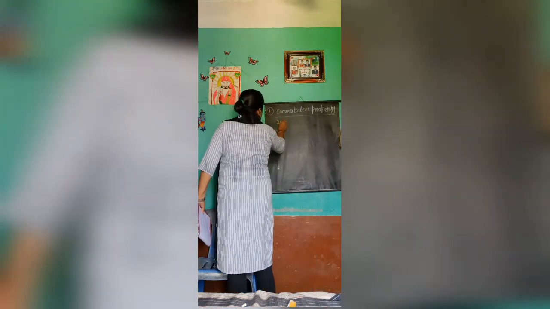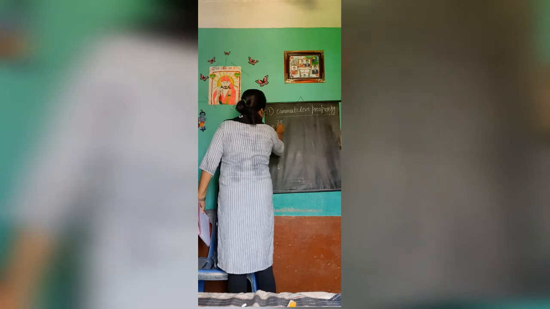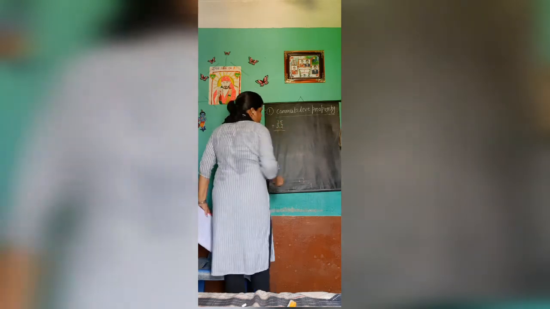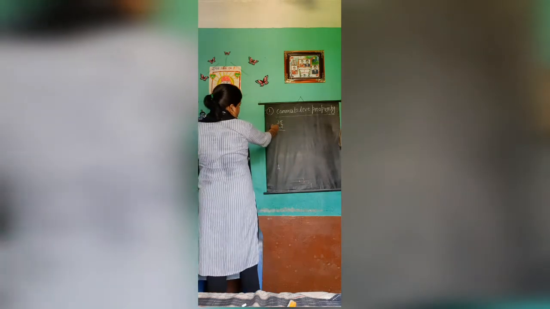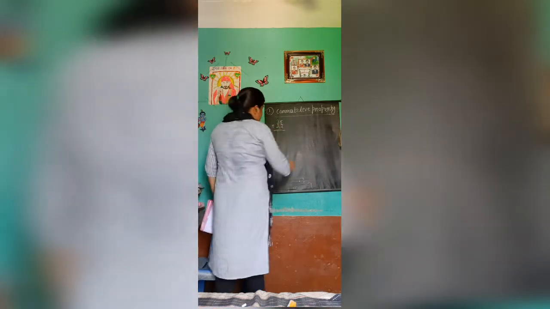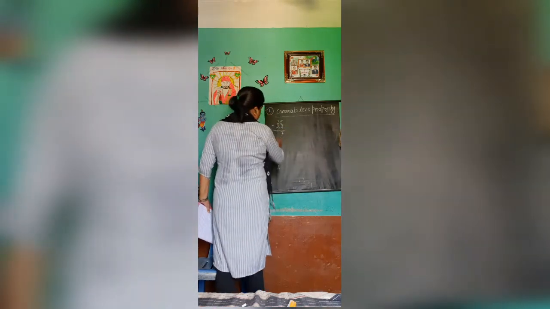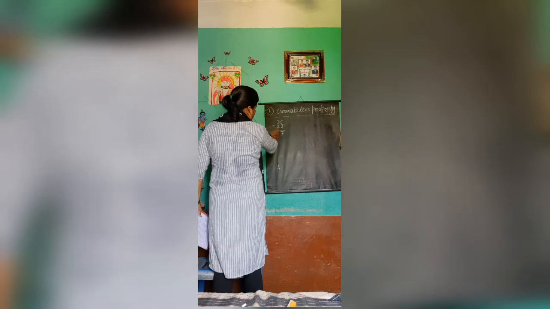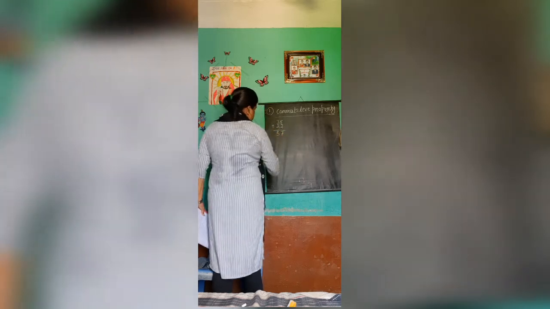Suppose like that, 35 addition with 22. What is the result? First are the ones. 5 ones addition with 2 ones equal to 7 ones. And 3 tens addition with 2 tens make 5 tens.